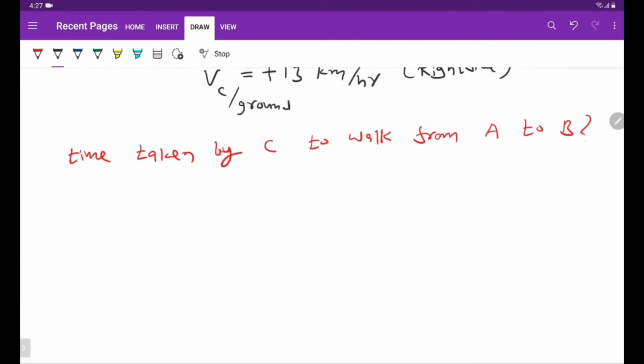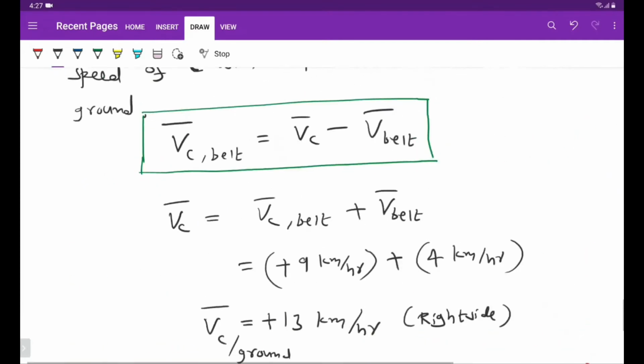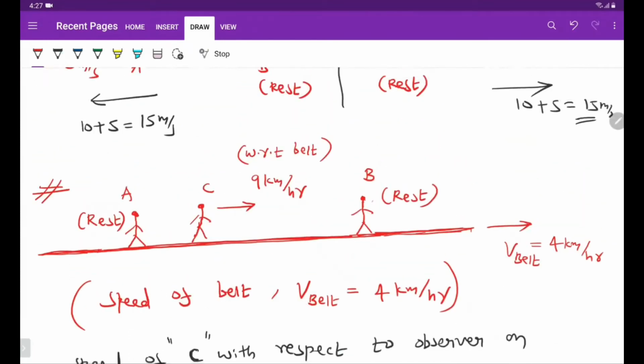So next we want to find time. Suppose it is given that the distance between A and B is 50 meters. We want to calculate time.